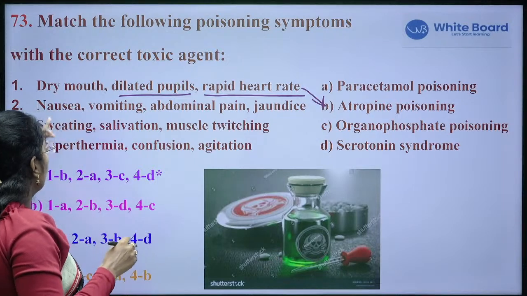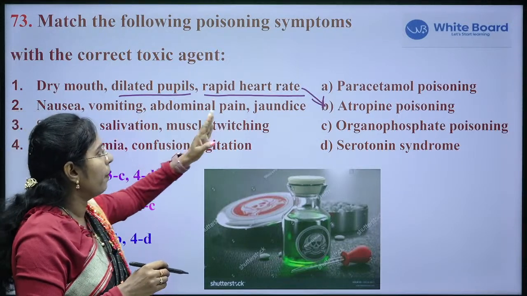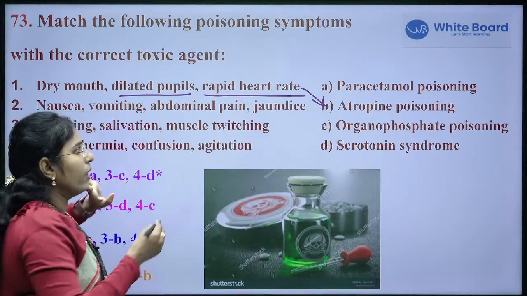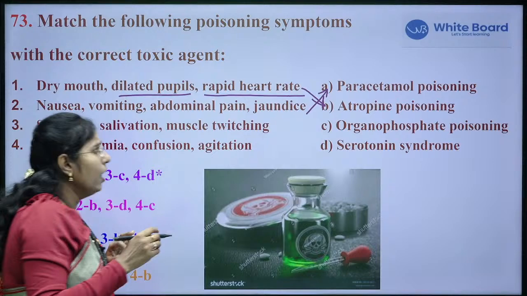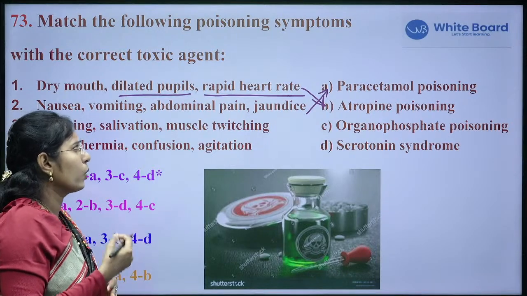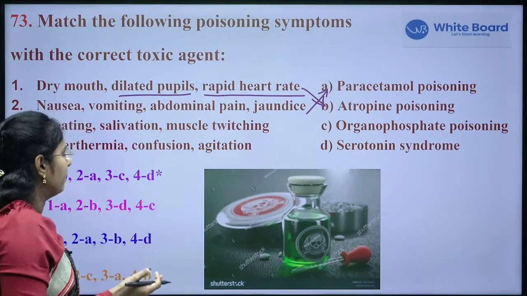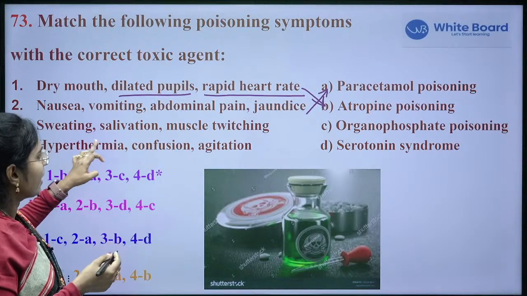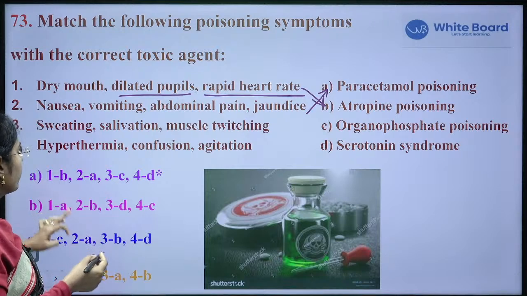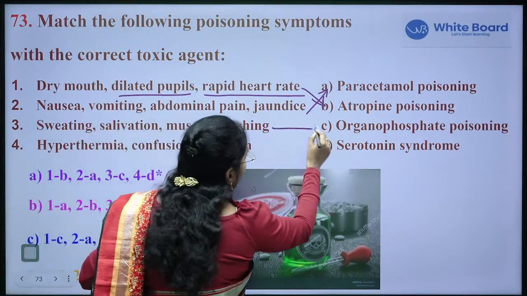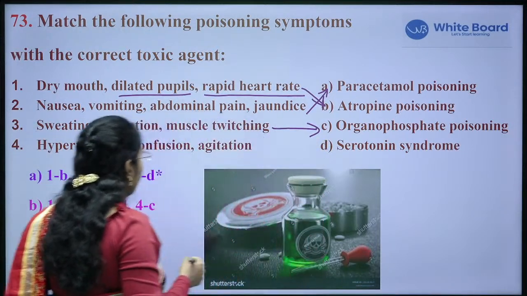And the second one: nausea, vomiting, abdominal pain and jaundice. So that will be due to this paracetamol poisoning. See, overdose of paracetamol also leads to abdominal pain. Next, sweating, salivation, muscle twitching. This is due to organophosphate poisoning.